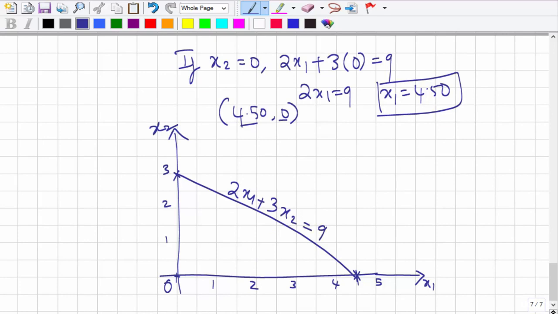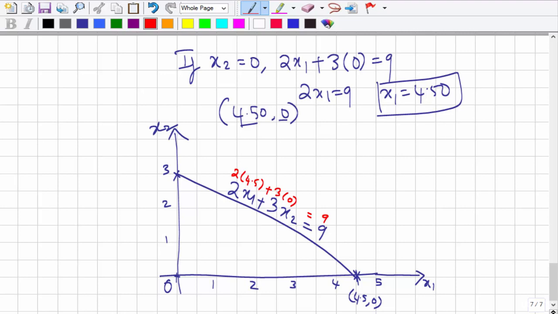And if you test this, it is going to work. Why? In this line, x1 is 4.5 and x2 is 0. So apply that here: 2 into 4.5 plus 3 multiplied by 0, you get 9.